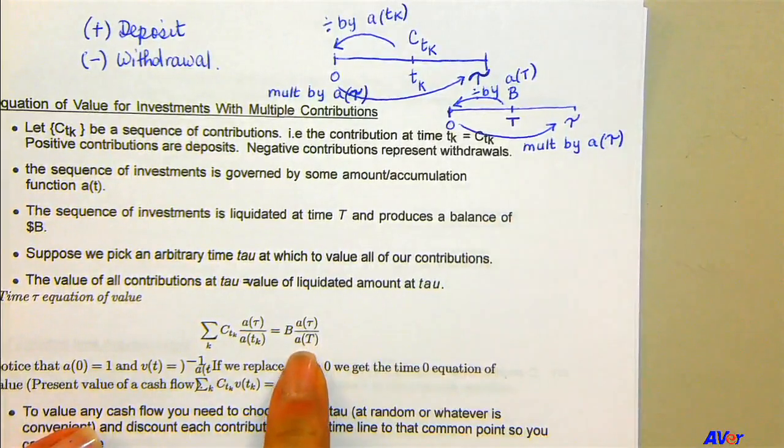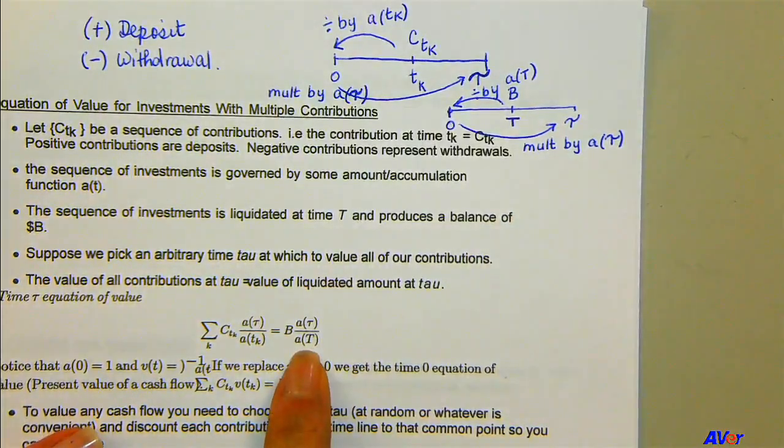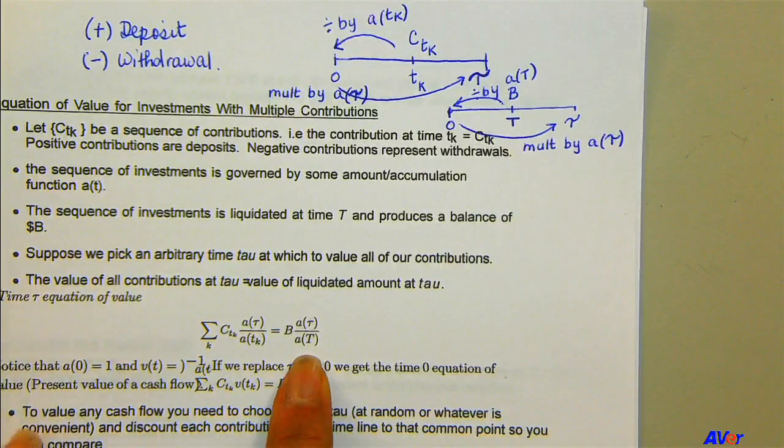That's what's going on here. Here there's no summation because there's only one B. So divide that B by A of t and forecast to time tau by multiplying by A of tau. Is there any question? And tau can be any value. Tau can be 0, tau can be 3, tau can be 10. It doesn't matter. Whatever is the most convenient for us.